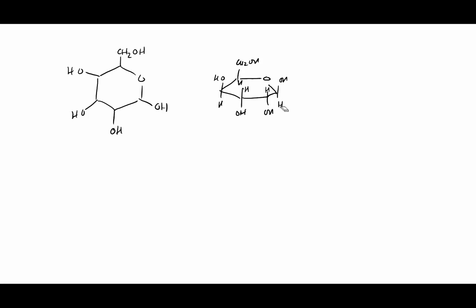So what you end up doing is having to protect some and leave the one you want open to then do the reaction with, and then deprotect all the others. So people that do sugar chemistry end up spending more of their time protecting OHs and deprotecting OHs than they do the productive reactions, because they have to be very specific about the OH group they want to put their drug molecule on.